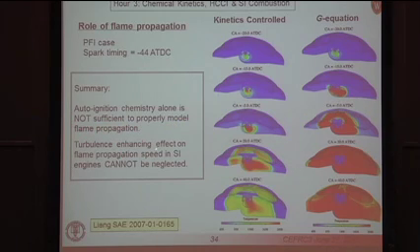The turbulence-enhancing effect on flame propagation speed in SI engines cannot be neglected. That's one of the reasons why modeling SI engines is a real challenge, because you have to know how the turbulence interacts with the propagating flame.